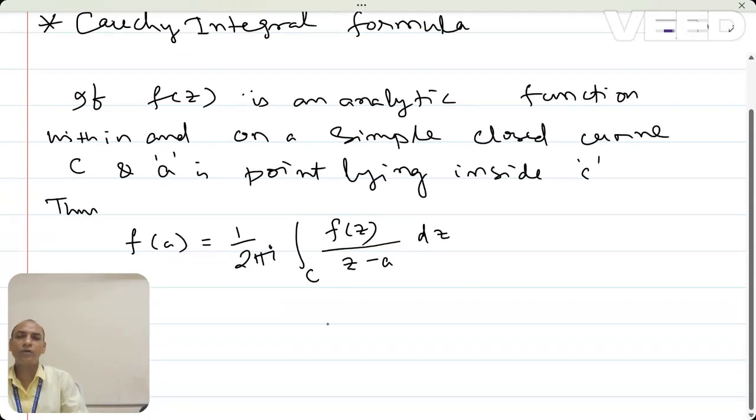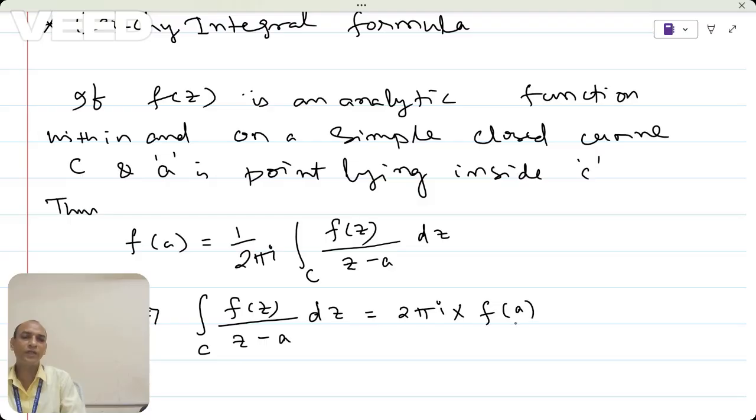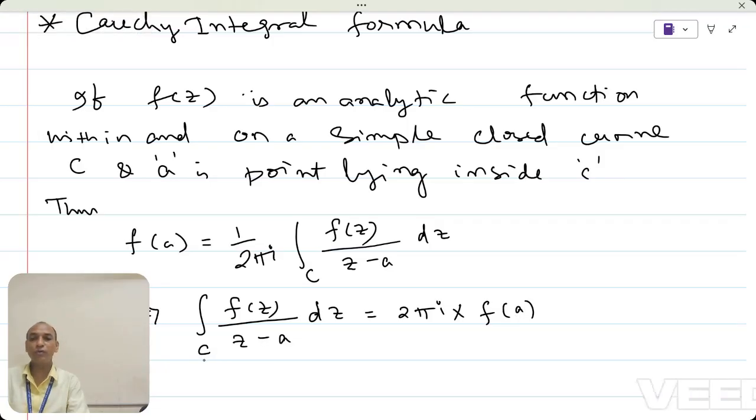In other form, we can say the same statement as: the integration over C of f of z divided by z minus a, dz, the value of this integral will be nothing but 2 pi i into the value of the function f of z at z equal to a, provided this a is lying inside the simple closed curve C.